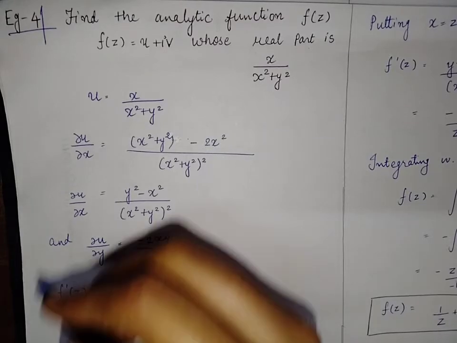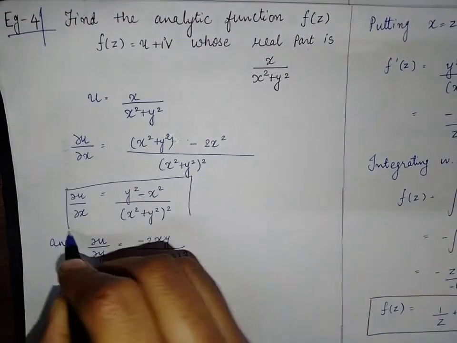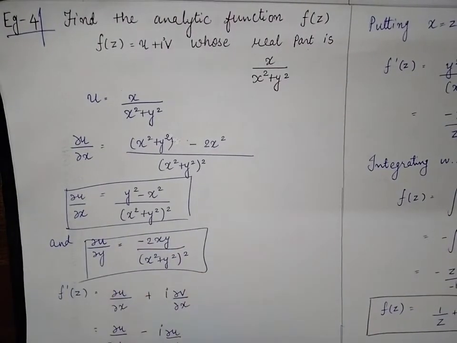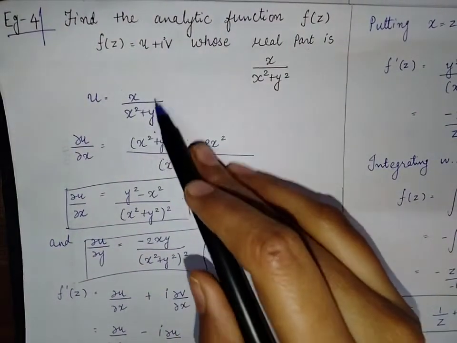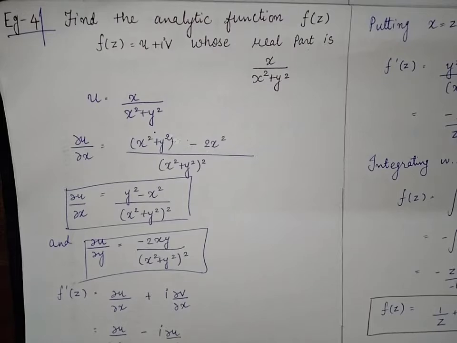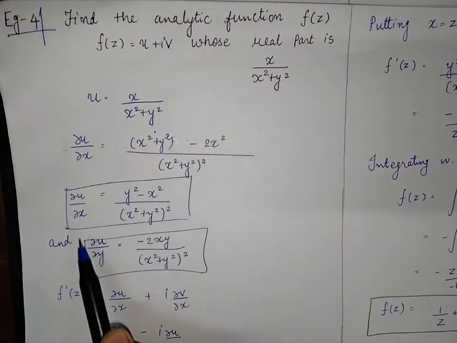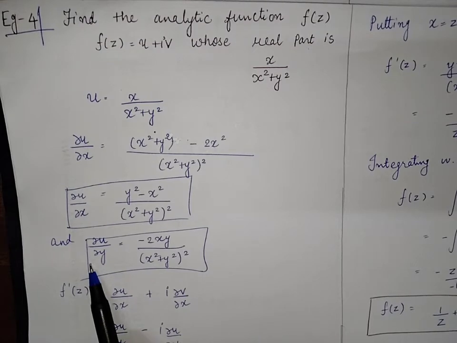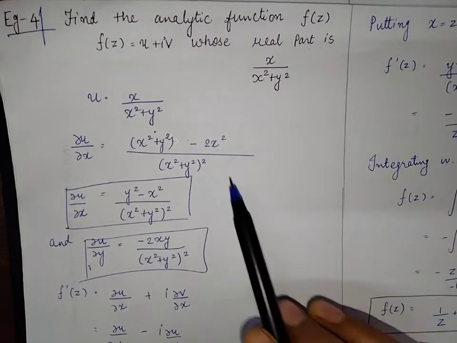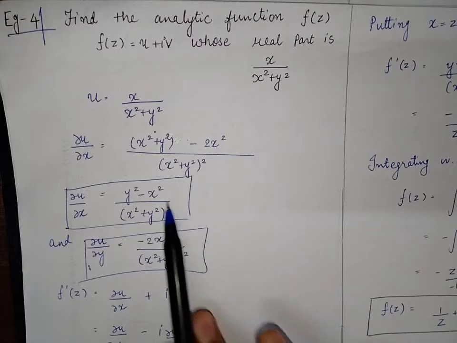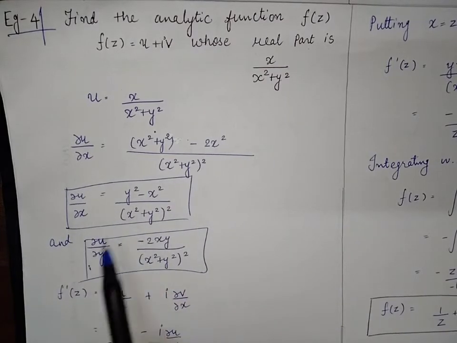So you will get del u by del x equal to this and del u by del y equal to this. You all know the division rule of differentiation. Then you know how to find del u by del x and del u by del y. Okay, I am not showing it here, but you have to calculate it and show here. You will get these terms.